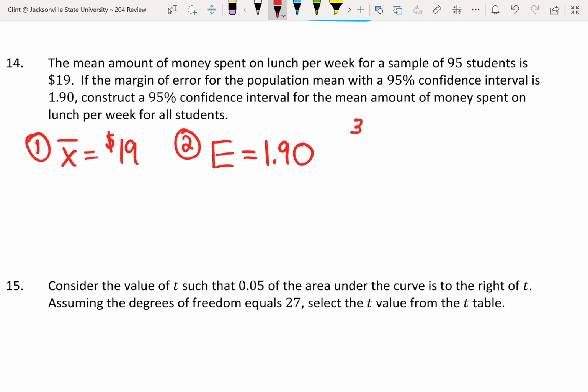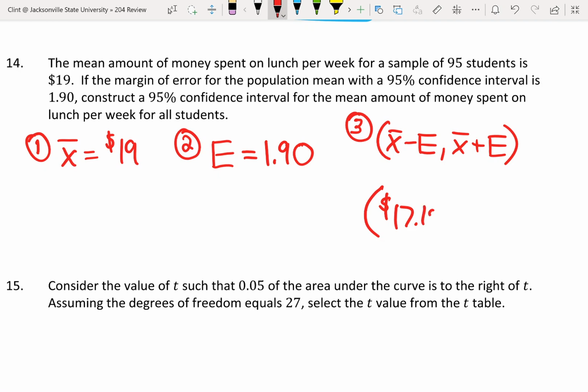So all we have to do is add 1 time and subtract 1 time. So 19 minus 1.9. It's money, so we can round to the nearest cent. $17.10. And then 19 plus 1.9 is $20.90.